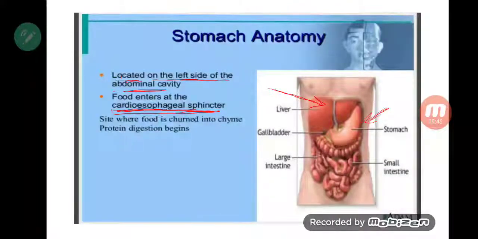The stomach is the site where the food is churned into chyme. It is called chyme, and protein digestion begins. So protein starts digestion in the stomach.